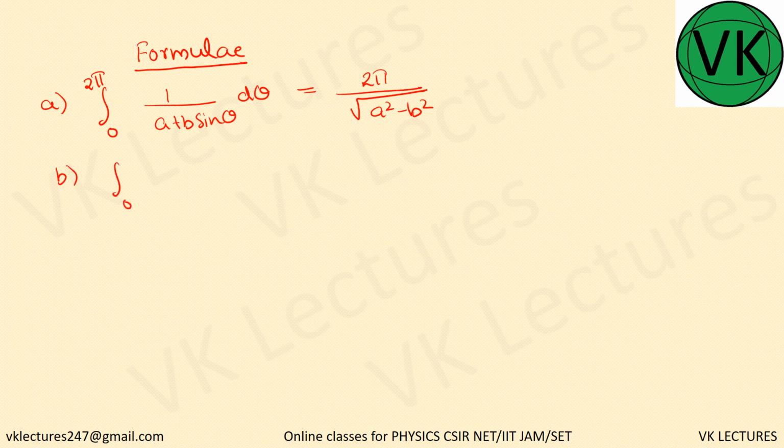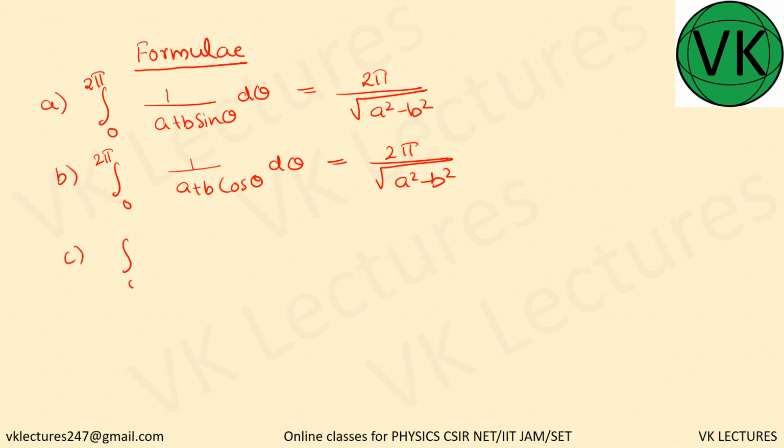Integral 0 to 2 pi 1 by a plus b cos theta d theta is equal to 2 pi divided by root of a square minus b square.